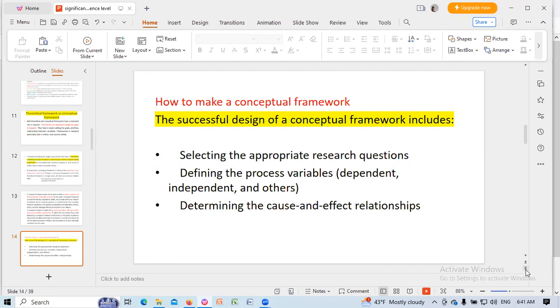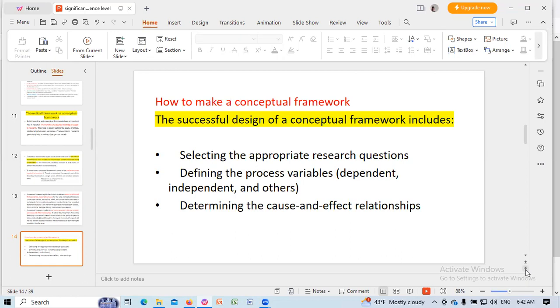You find out your research gap from your conceptual framework, defining the process variables, dependent and independent variables. You can determine the cause and effect relationship.